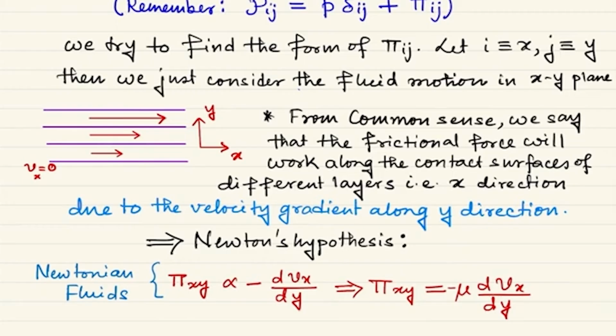And those fluids for which this hypothesis works are known as Newtonian fluids. Okay. So most of our everyday fluids which we come across can work moderately well under this Newton's hypothesis. So in a sense, all of them are moderately well approximated as Newtonian fluids.